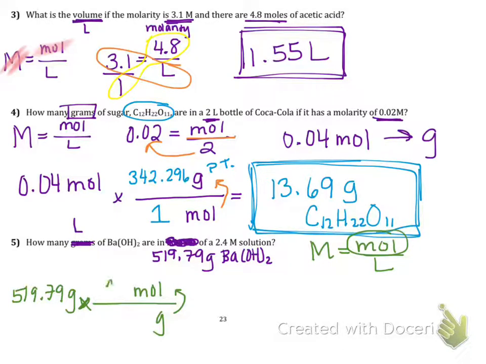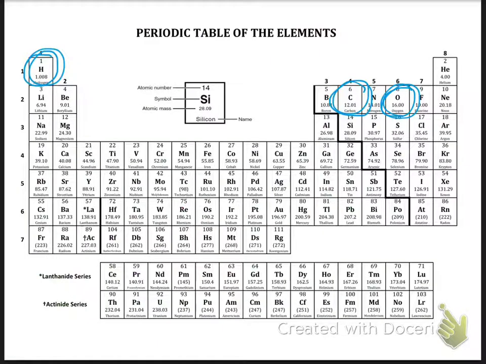For every 1 mole, okay, grams, here this is the compound. We need to find all of this in our periodic table and put the grams here. So I have a barium. Barium is here. Oxygen is here. Hydrogen is here.